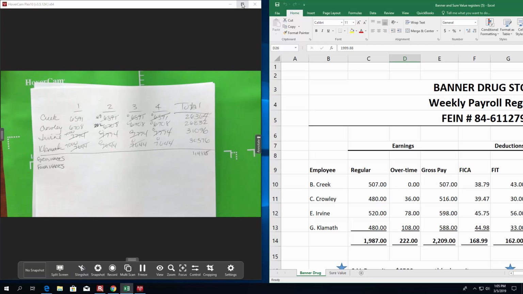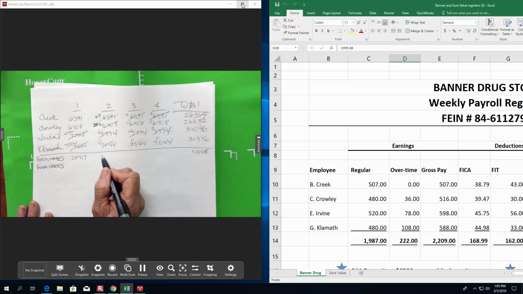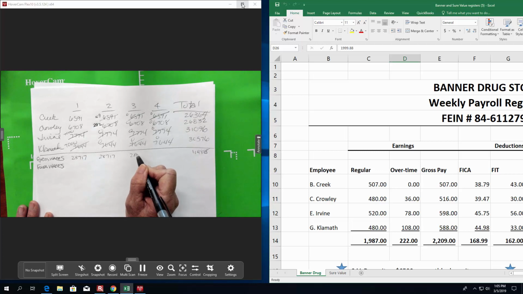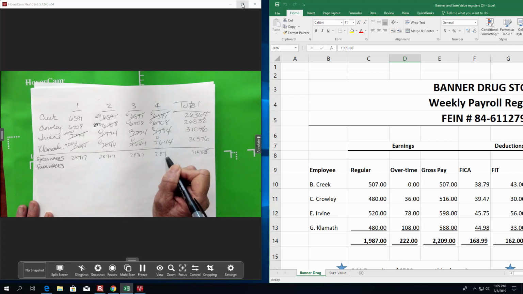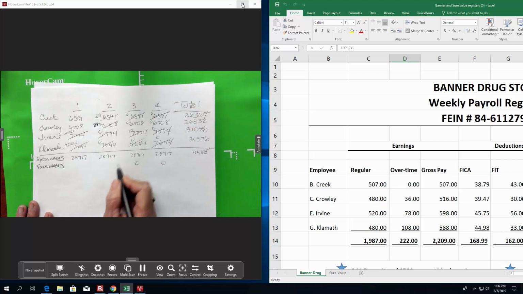We're going to finish off this little chart, and then we've got all the backup data. We need to go do the 940. So did you guys get 28717? Yeah. What's this, 701?